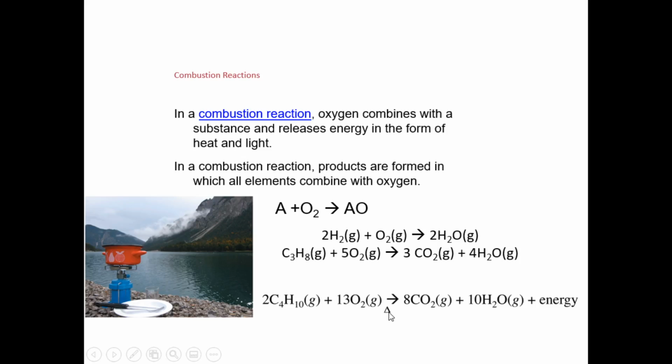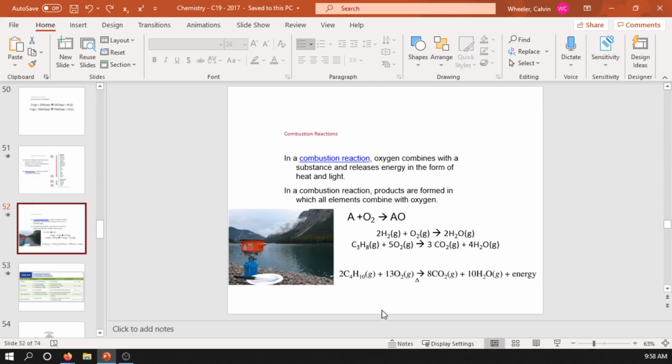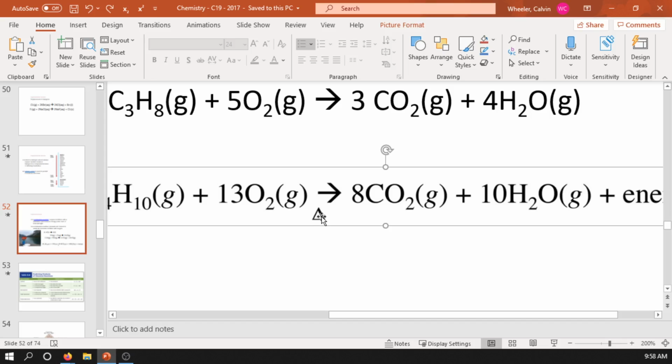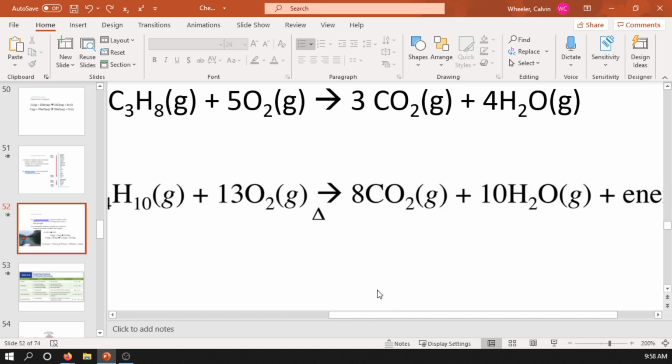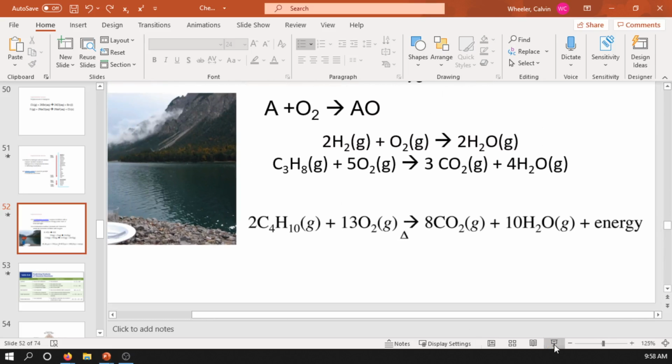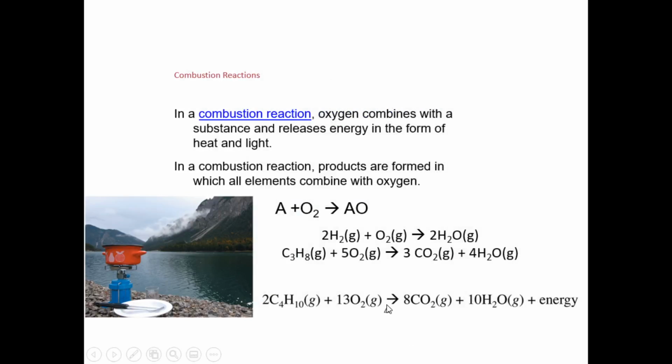So this capital delta ought to be on top of this arrow. See if I can alter that. Nope. It's permanently in there. Well, the delta sign should be on top of the arrow to show that we have an ignition source. So the propane combines with the oxygen. It burns, it combusts to form carbon dioxide and water plus heat energy.